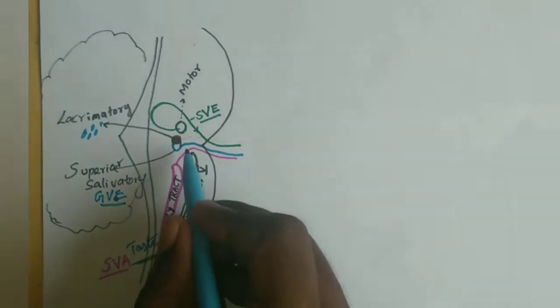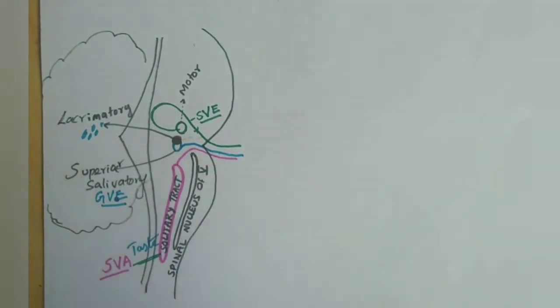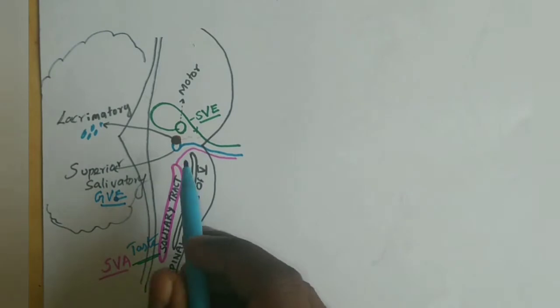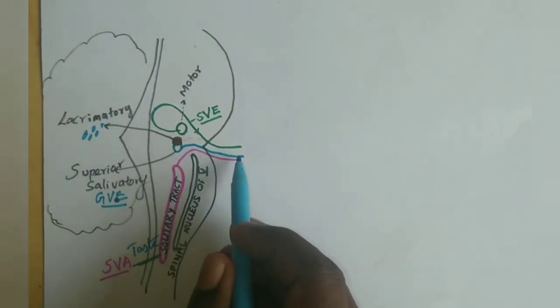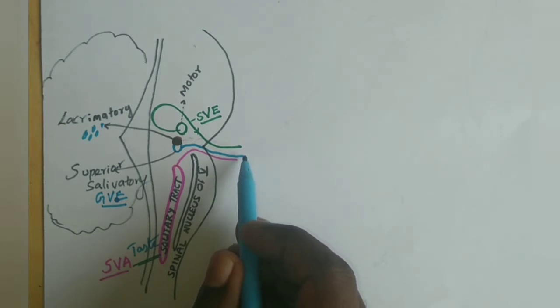They control the production of saliva and the production of mucus which is coming from the palatine glands and also from the nasal mucosa.